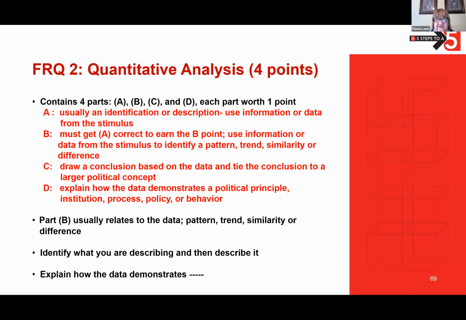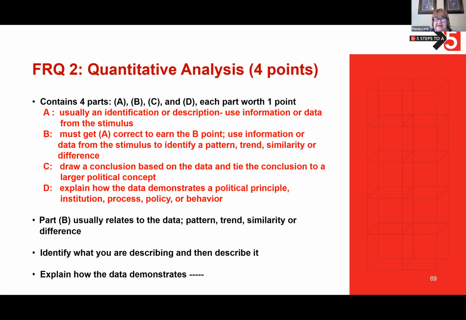Okay. Use information or data from the stimulus to identify the pattern, the trend, a similarity. It might be a difference. Draw a conclusion is usually part C. That's been the trend so far, that they ask you to draw a conclusion about the data and tie that to something else. As you look at the data, how does that relate to other things in political science or in government?